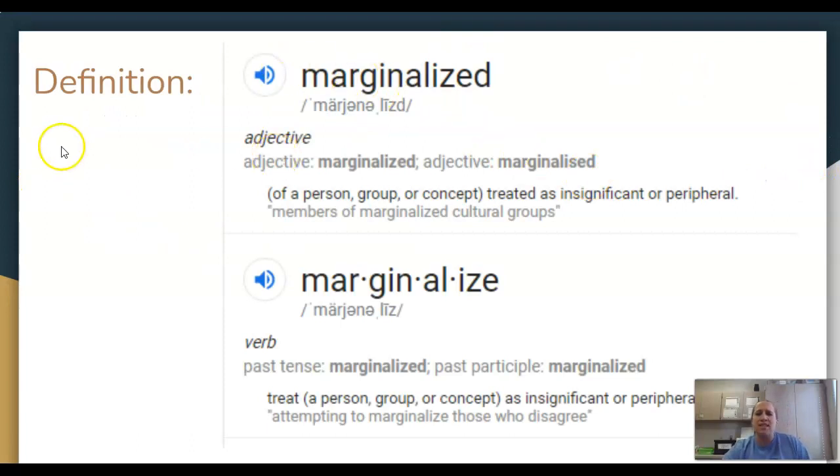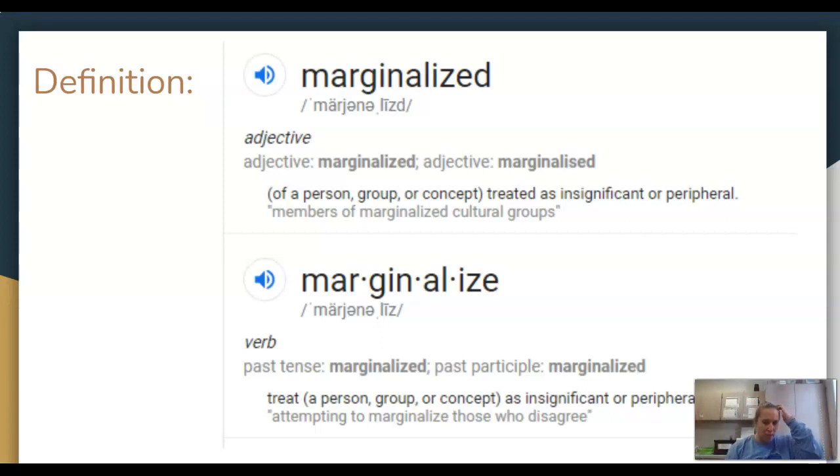So marginalized is an adjective: a person, group, or concept treated as insignificant or peripheral. Think about your peripheral vision. Your peripheral vision is on the side; it's what you can see out here. It's not right in front of you. It's on the side, the outside.